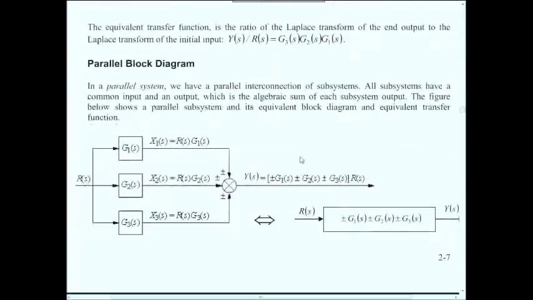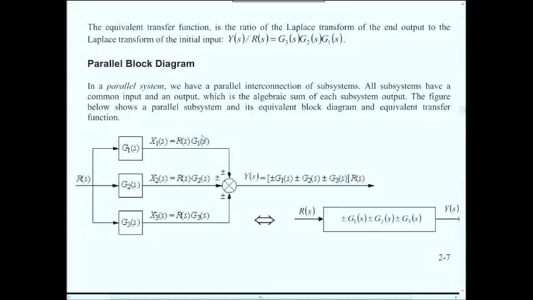Alright, parallel block diagrams. Basically when the blocks are in parallel like this, they share the same input. So R goes into each one of these blocks. There's a distinct output based on what the block is. So in this case, this one's G1 times R, G2 times R, and G3 times R. The order of the factors does not matter when you're dealing with these single input, single output systems.